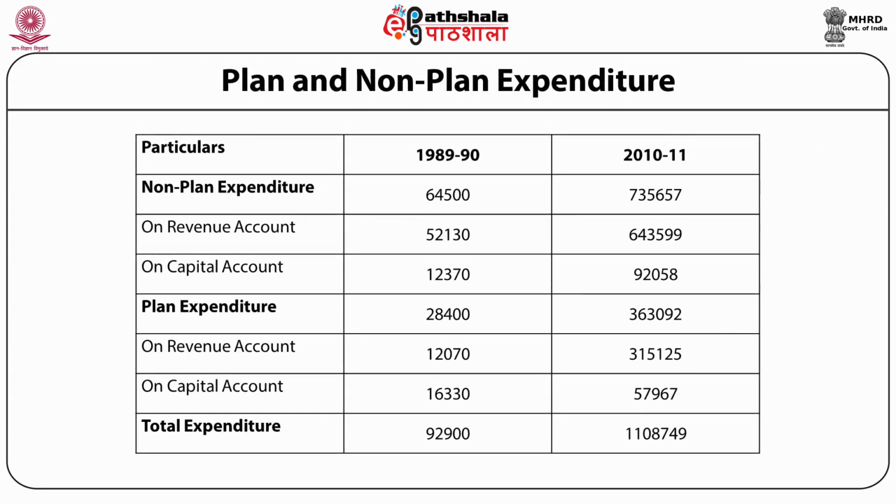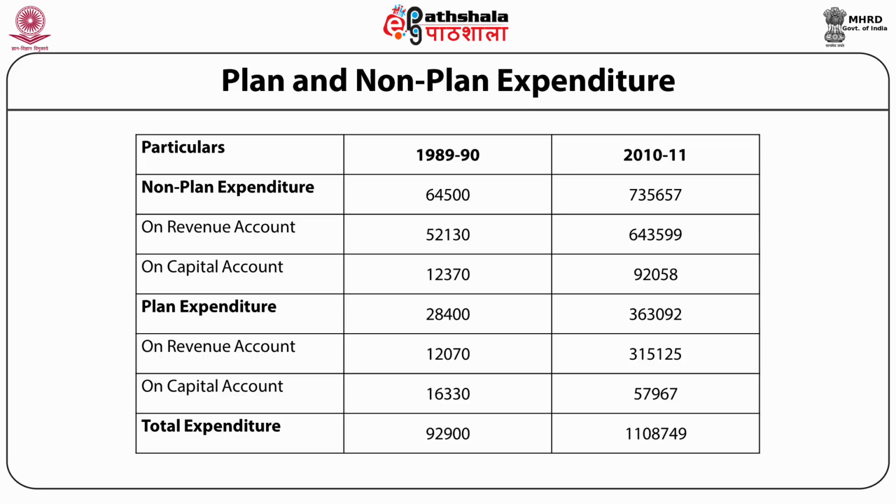We can see from this particular table that the non-plan expenditure on revenue account and capital account has also increased during the set period. In 1989-90, the non-plan expenditure was 64,500 crores, which increased to 7,35,657 crores.